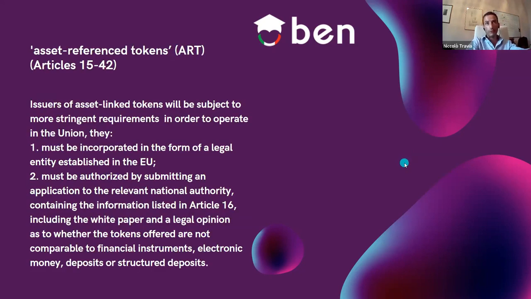What will they have to do? They will be subject to more stringent requirements with respect to, let's say, utility tokens. In the taxonomy of MiCA, we have an interesting shift in perspective, because before the MiCA proposal, everyone always utilized the taxonomy proposed by FINMA, the Swiss authority, back in, I don't remember, 2018 maybe, when the ICO movement was very strong.